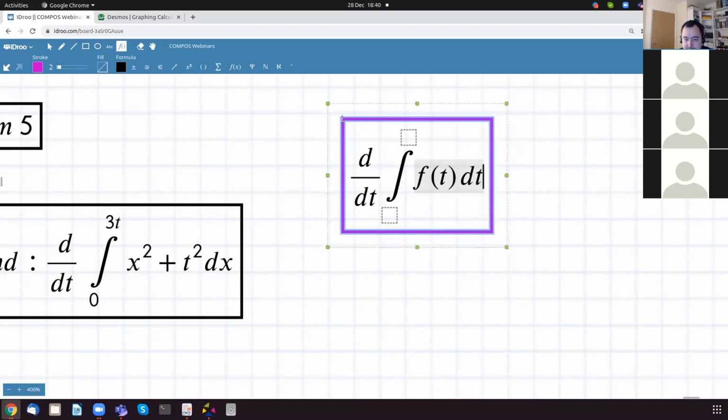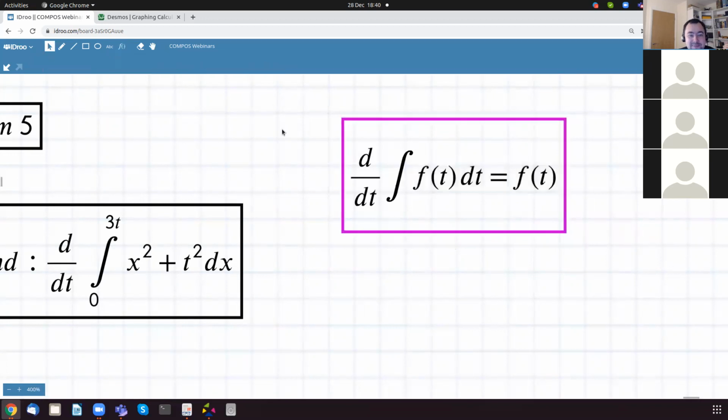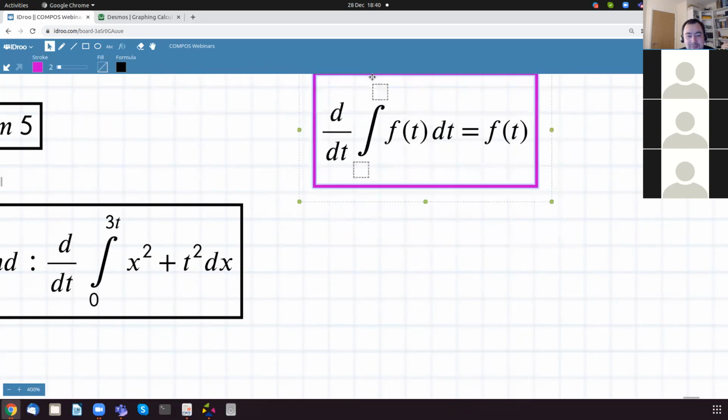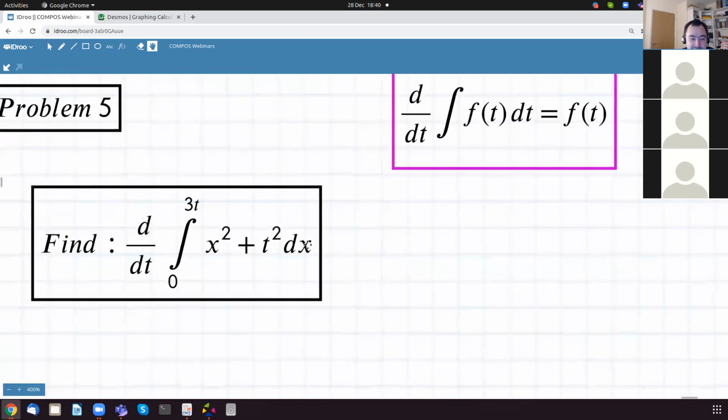Because the integral is the antiderivative, the integral and the derivative cancel each other out and you get f of t. It's super easy. All you need is to copy the integrand. But that's not the case here, because here we have dx and here we have dt.